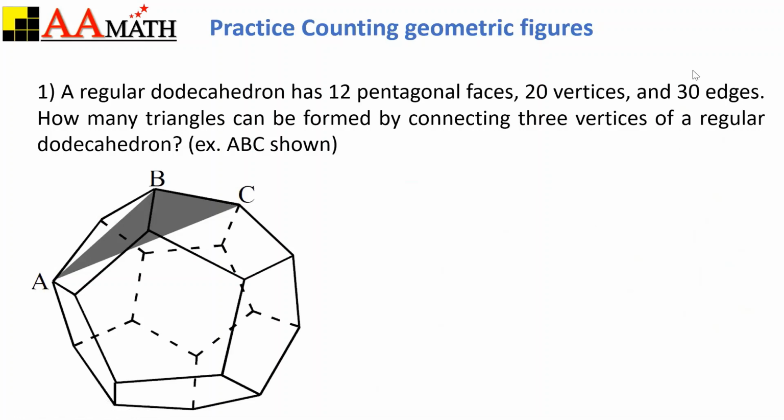So here is a dodecahedron, which has 12 pentagon faces, 20 vertices, and 30 edges. How many triangles can be formed by connecting 3 vertices of the regular dodecahedron? Here I just show you one triangle, right?